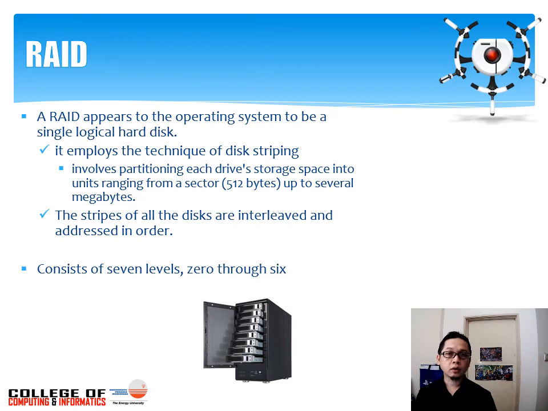Depending on your organization's budget, there are 7 levels of RAID that can be used, from 0 until 6. This is based on how much backup you need, or how sophisticated a backup you need for restoring your data if something happens to the original information.